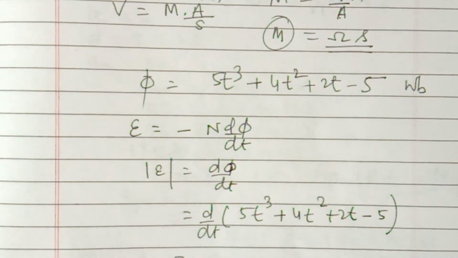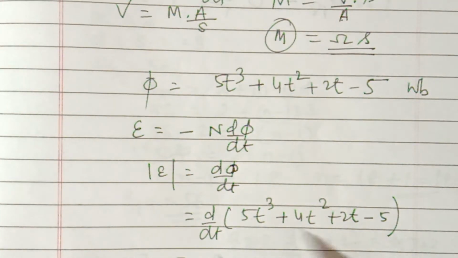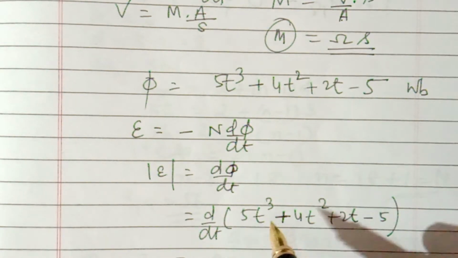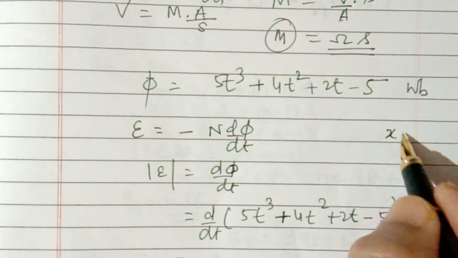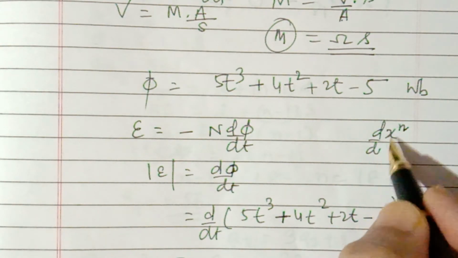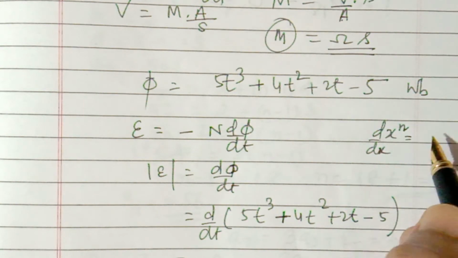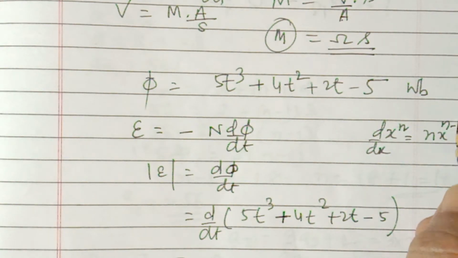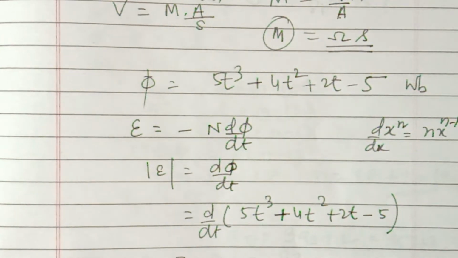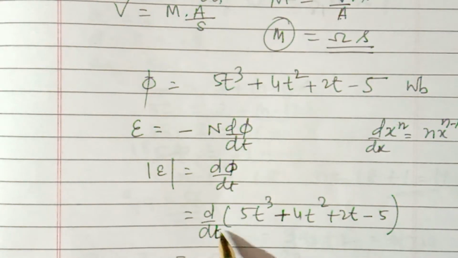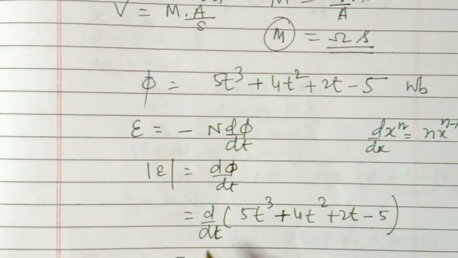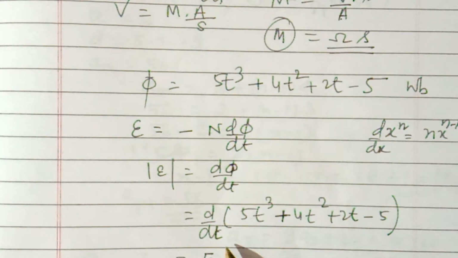So you differentiate. Differentiation of these terms, sum and difference, you can differentiate separately. And which formula you can use? Differentiation of x to the power n with respect to x is n x to the power n minus 1. This formula you can use, but here the variable is t and we are differentiating with respect to t only. Then this 5 is constant, so 5 will remain here.